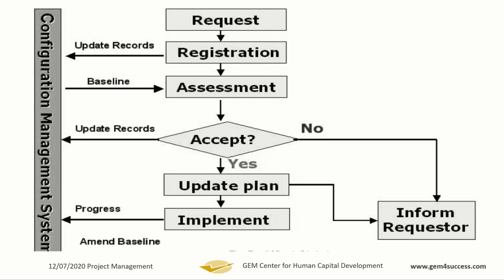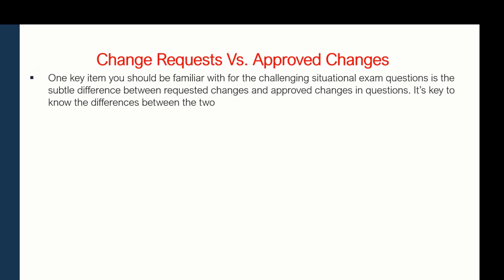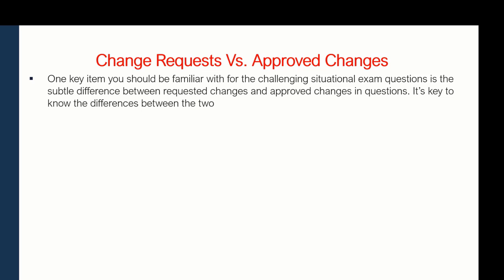Okay, so quickly, let's just know the difference between when you say change request, approved change request. So the word approved there is one of those things that will make you understand the difference between them. So one key item you should be familiar with for the challenging situational exam questions is the subtle difference between a requested change, that is a normal change request, and an approved change request.